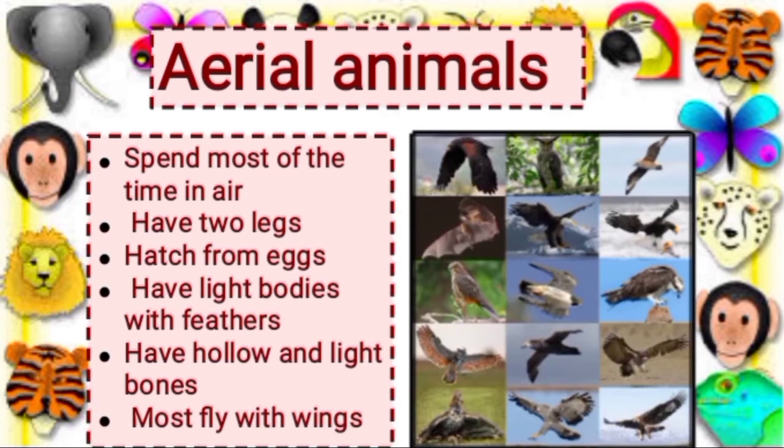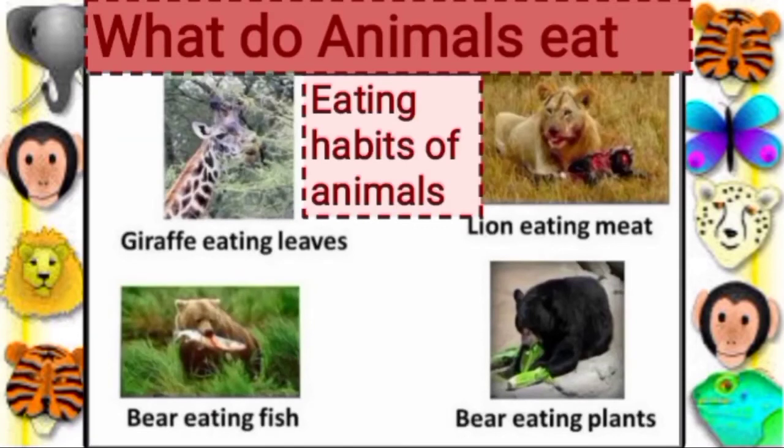In the cold winter months, when food becomes scarce, many birds fly towards warmer countries in search of food and warmth. Now let's understand what animals eat. As you know, different animals eat different things.